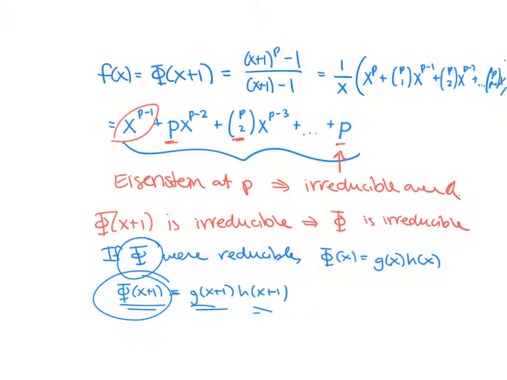So that's one trick you can have up your sleeve. If you're trying to do an Eisenstein argument or a mod p irreducibility argument and it's just not working out, you can't find the right prime to use, sometimes using this idea of shifting things, replacing x with x plus a constant, gives you a new polynomial that might be easier to show as irreducible.